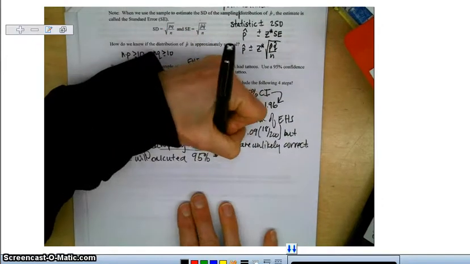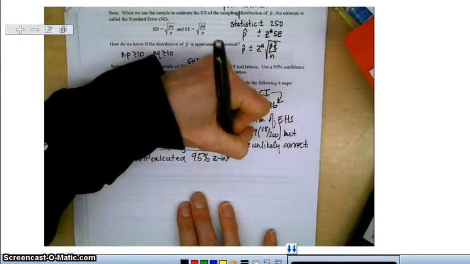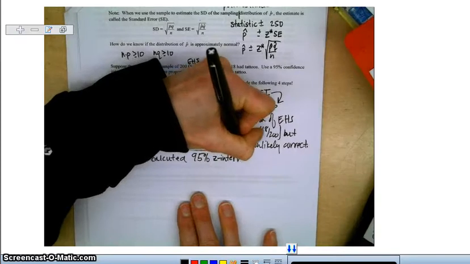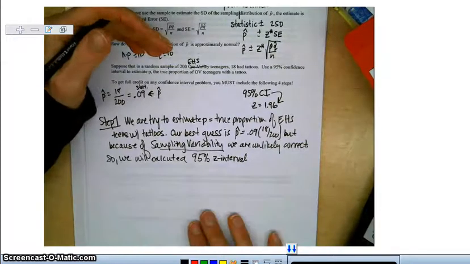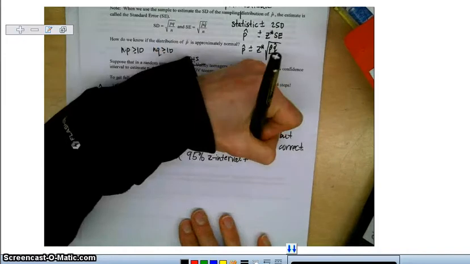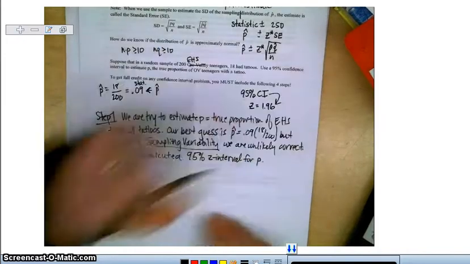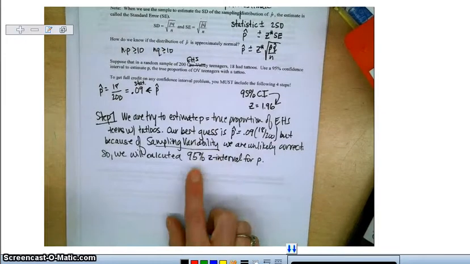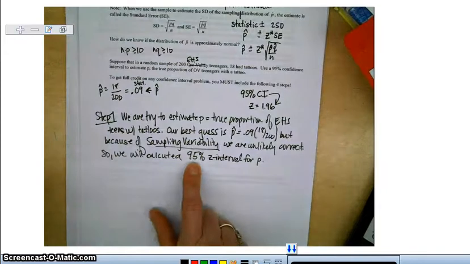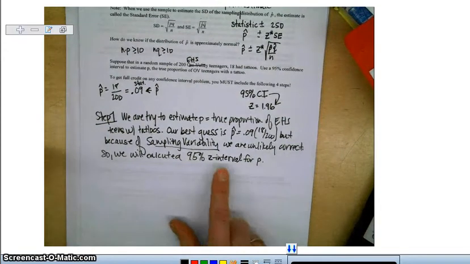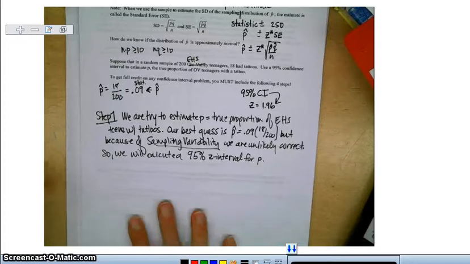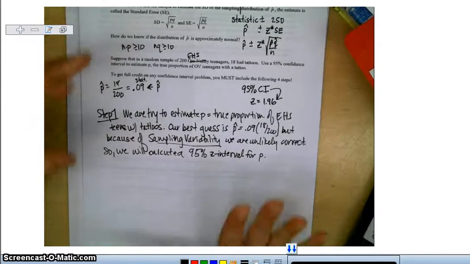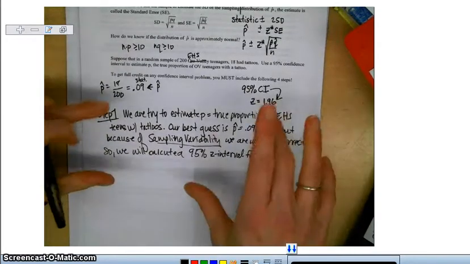So this is a Z interval because we're using a Z-score to come up with our standard deviations, our distance away, for what variable, what's our statistic, p. p is what we were trying to estimate. So to name your confidence interval, you say what percent, you say the type. Right now we're just going to have Z. We're going to learn T intervals later for p. It could be mu. All right. So that's always step one. You always write it just like this.